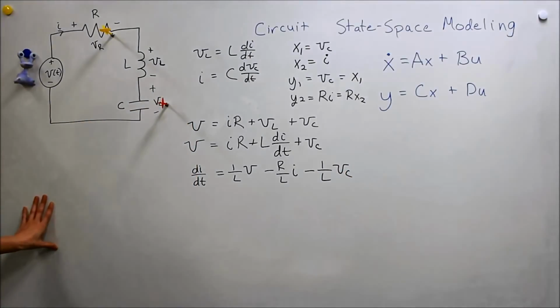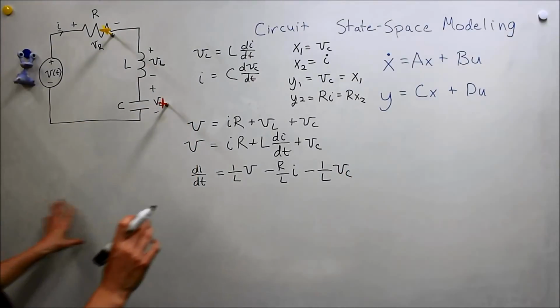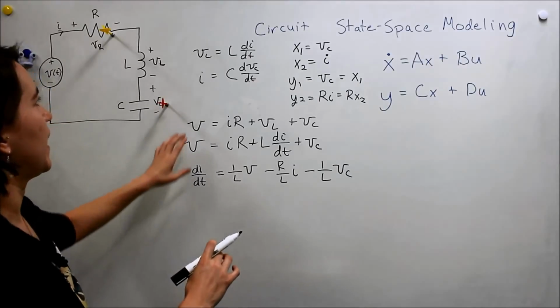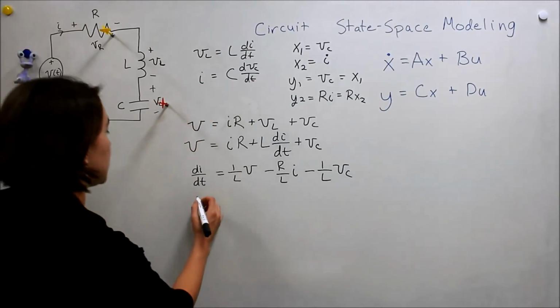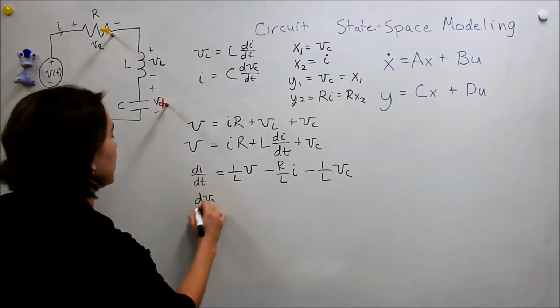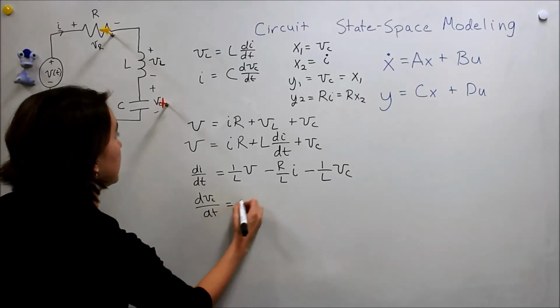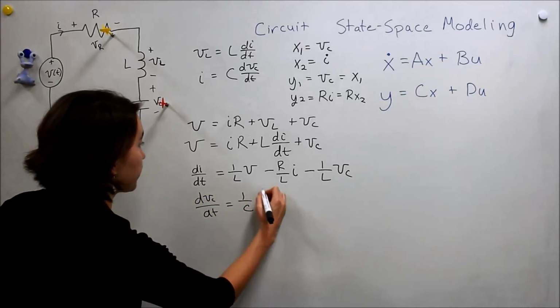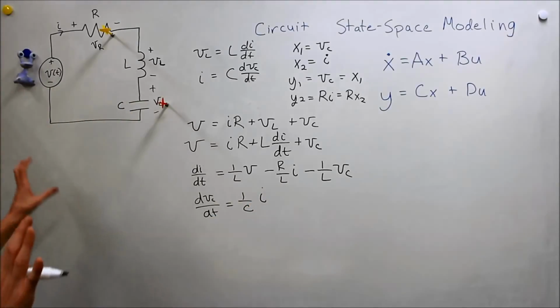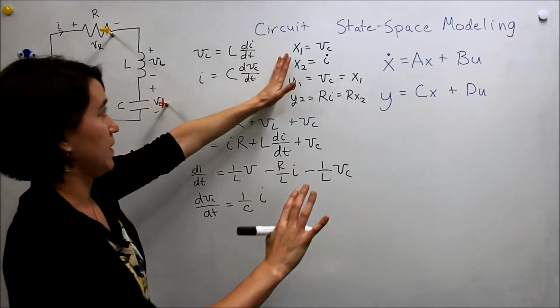I believe that's right. Okay, so now we have the dynamics written here. And we already know this equation, right? So dVC dt is equal to 1 over C I.